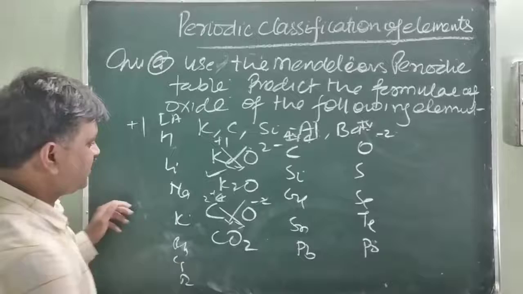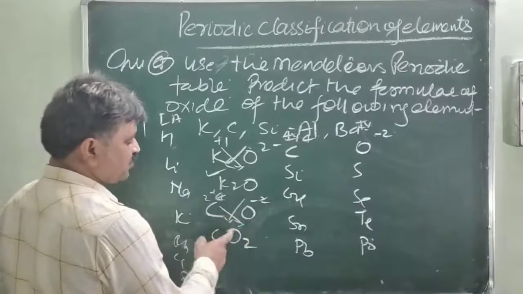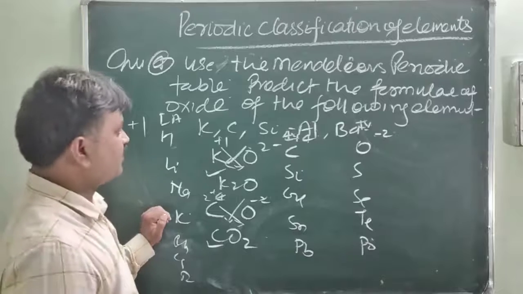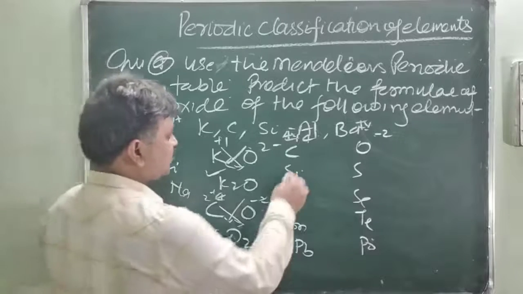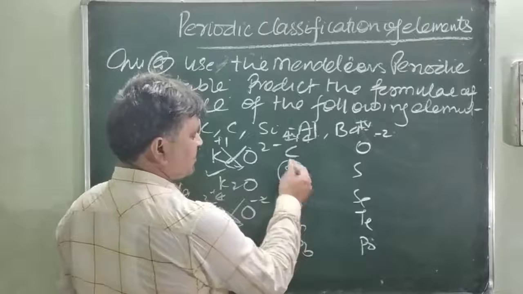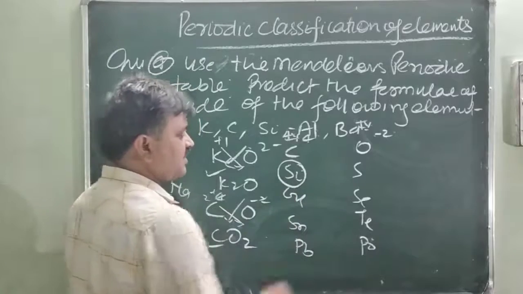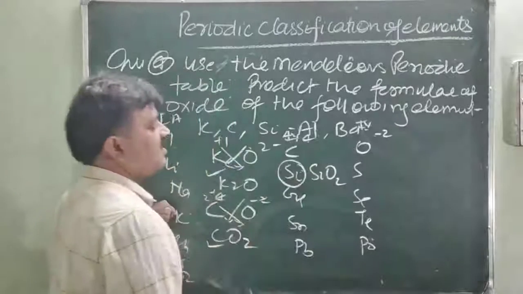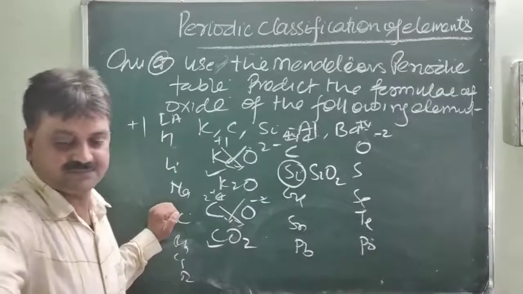Or you can write C2O4, and 2 into 2 is 4. So the formula of carbon dioxide is CO2. Silicon also comes after carbon, so it has the same valency. So its formula becomes SiO2. This is the oxide of silicon.